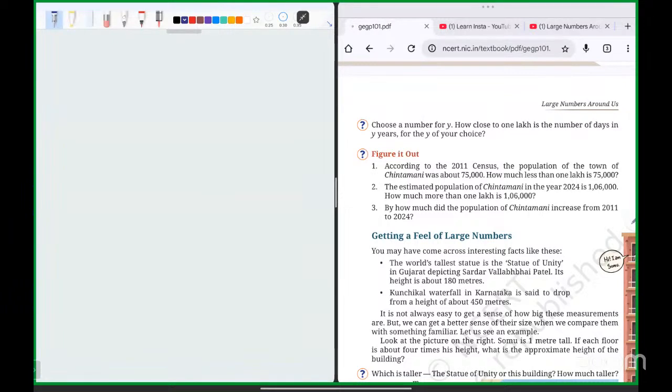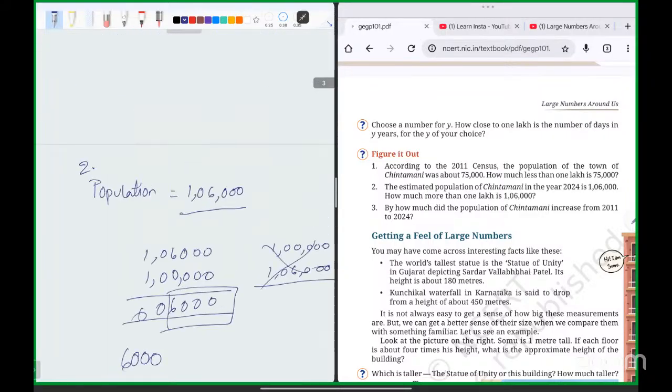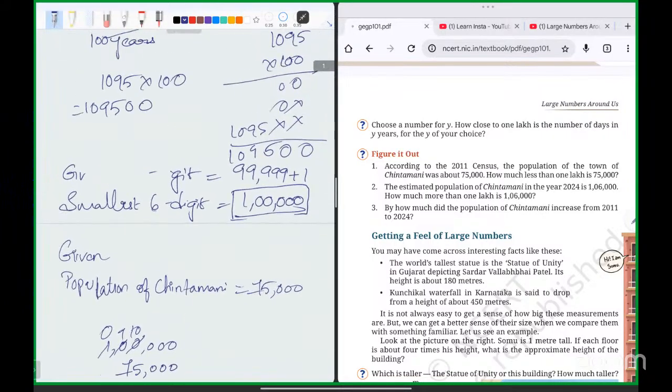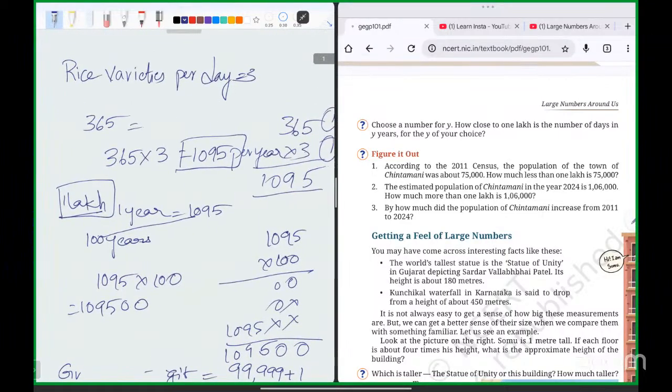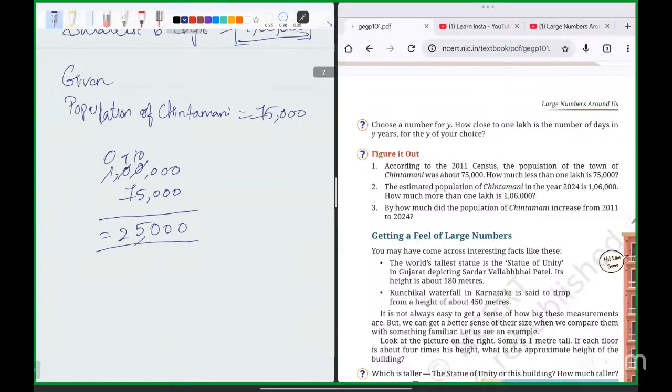The third question states that it is also a population question. By how much did the population of Chintamani increase from 2011 to 2024? Which is a connection question for the previous two questions. The first question gives the population in 2011. First question, population of Chintamani is equal to 75,000.